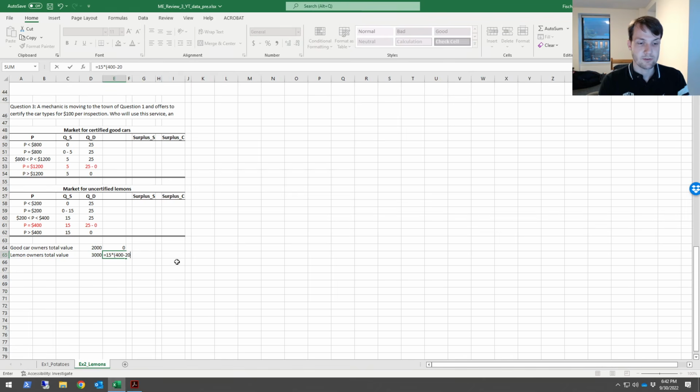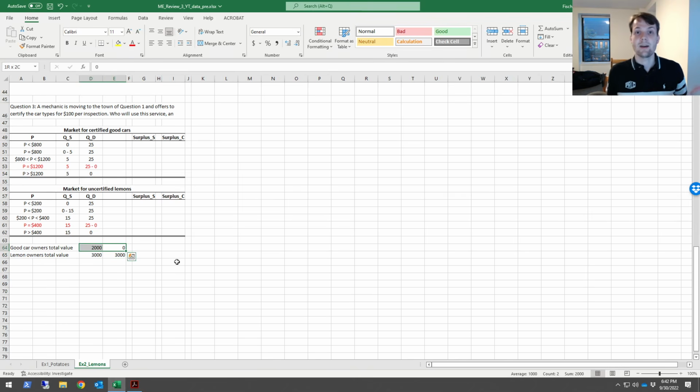They sold at 400 and they had a reservation value of 200. So you can see lemon owners are equally happy with or without the mechanic, but suddenly all the good car owners are going to be able to sell their cars, so we're generating a lot of value there, and this means that this equilibrium can be supported, namely that no one is better off by not going with a mechanic.